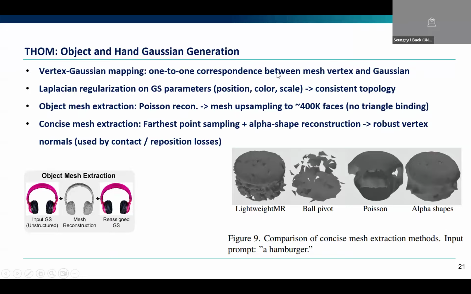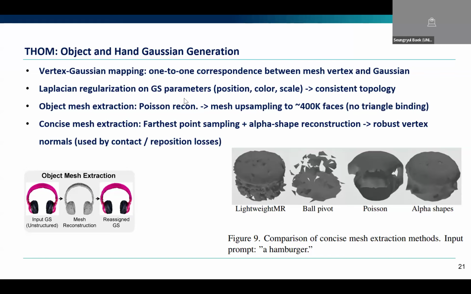To maintain that topology, we additionally apply Laplacian regularization on the Gaussian parameters, including position, color, and scale, which ensures consistent topology and prevents vertex decay even after they optimize.